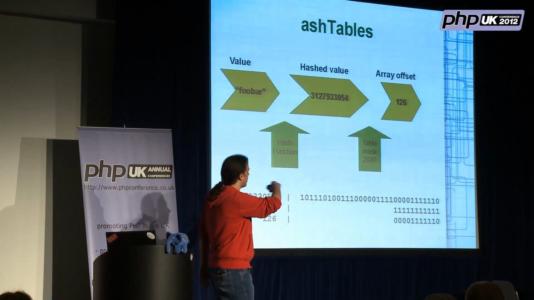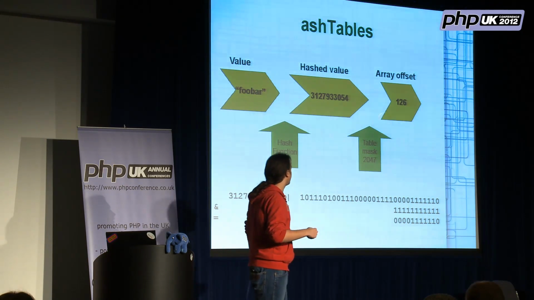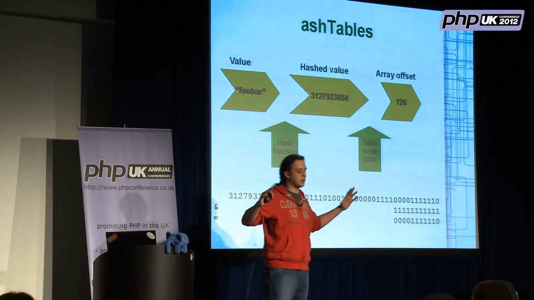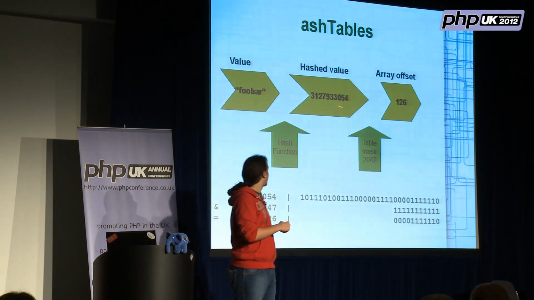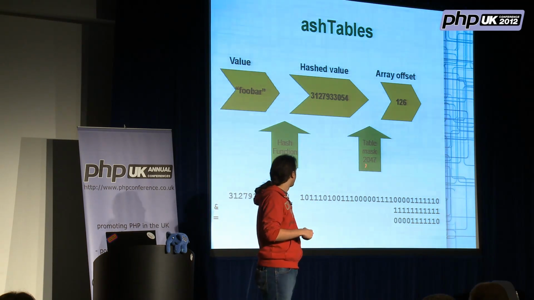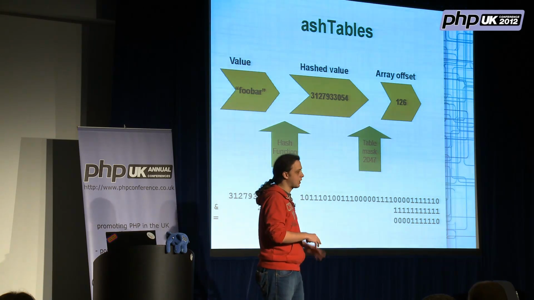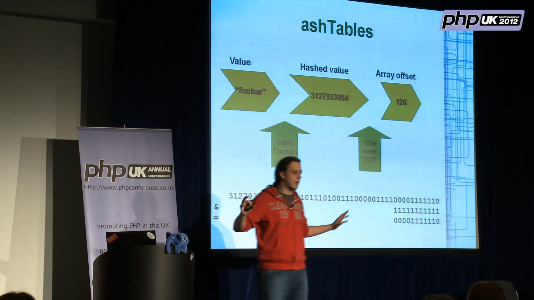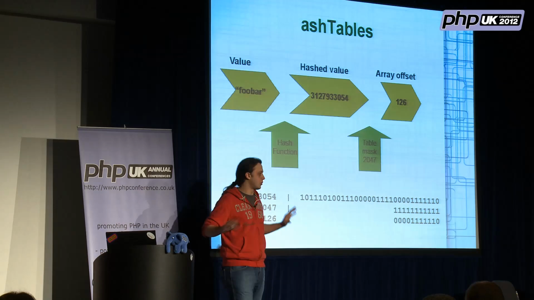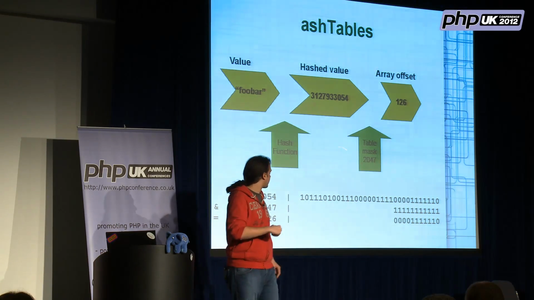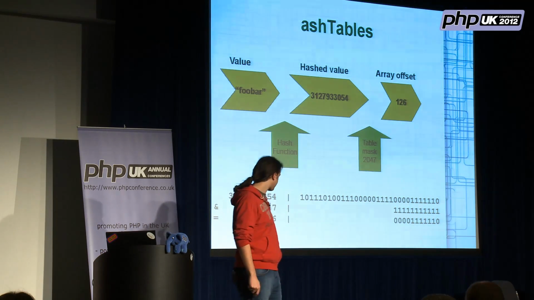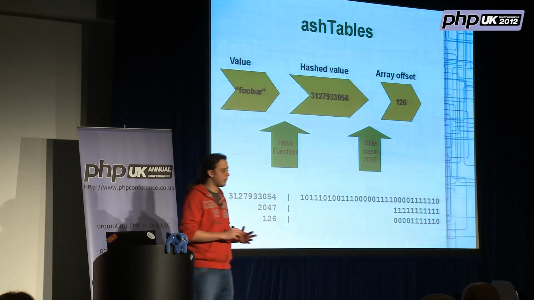Now for this case, we might have a memory area which doesn't require that amount of values, but the maximum 2047, and that's manageable in memory, and we can allocate the memory and put it there at position 126. Now we did two things.